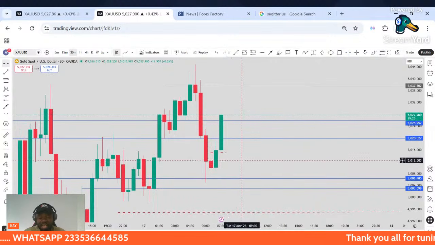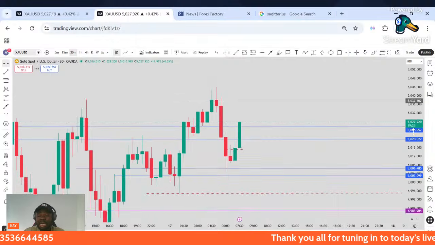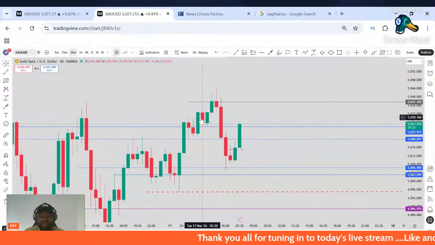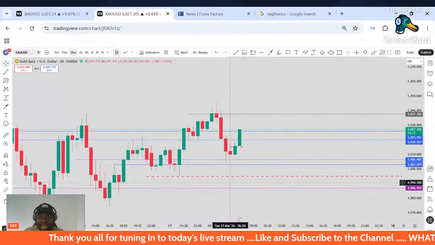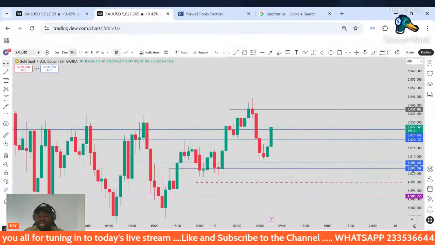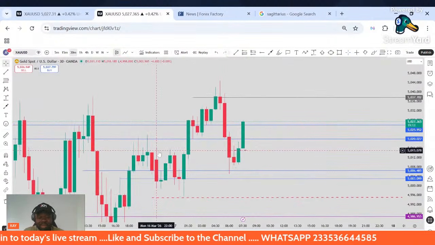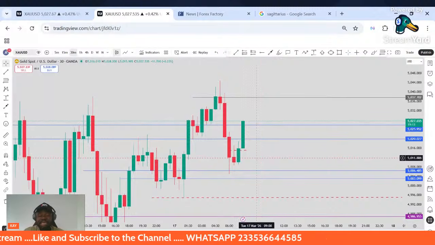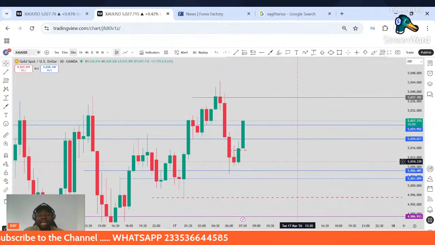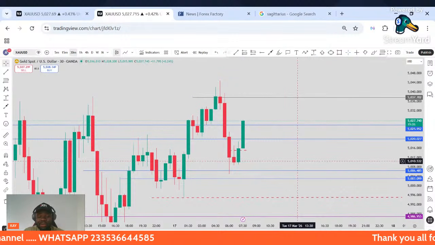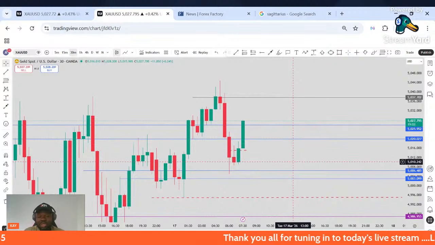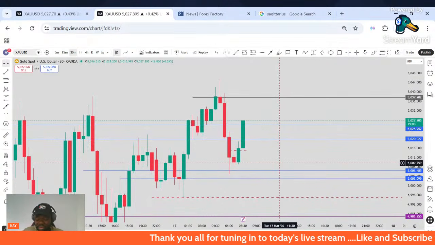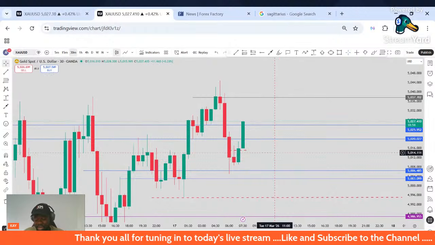As a beginner trader, you need to spend a lot of your time studying rather than thinking of making money. A lot of your time should be channeled to educating yourself, learning the right information, rather than trying to make money. That is what you need to understand as a beginner trader.